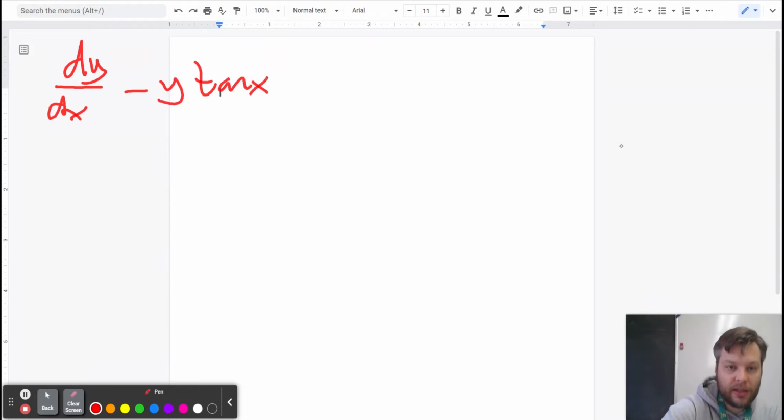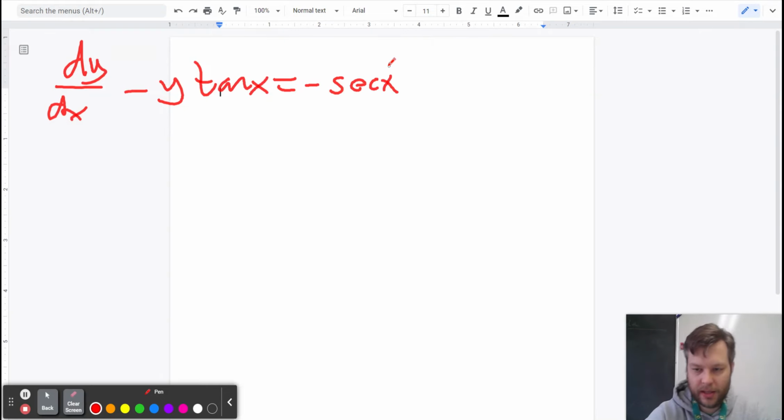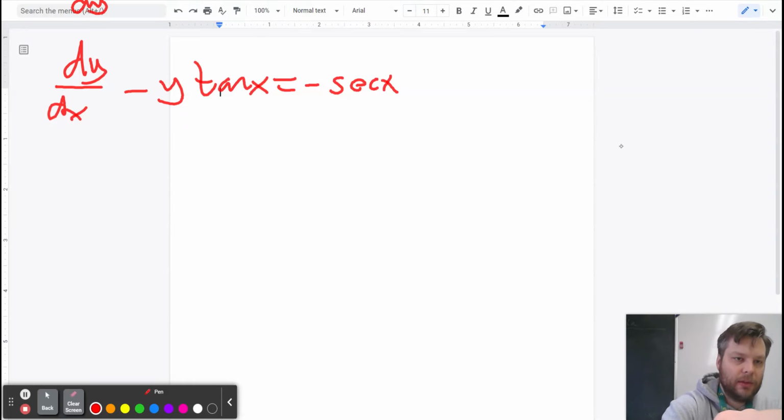So I've got here a differential equation, and it is already in standard form, because I've got dy dx, and I've got y times a function of x, and I've got q of x here. So this is our exact form, dy dx plus y times one function of x equals another function of x.